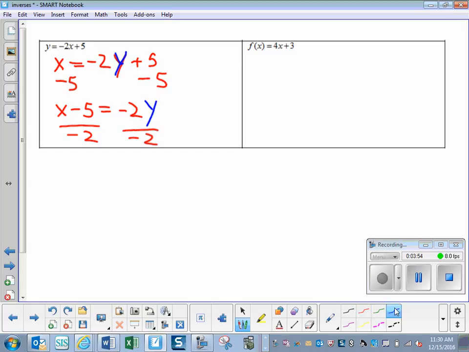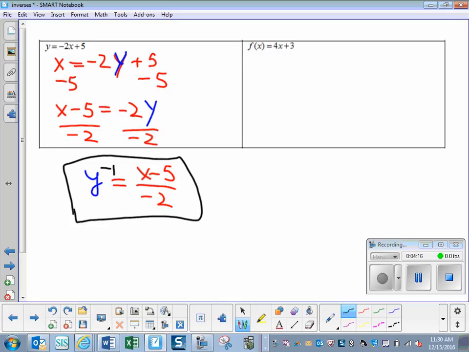So I have y equals x minus 5 divided by negative 2. This is my answer. Just to make sure that we all understand this is the inverse function, let's put that negative 1 on top of the new y. And that's my final answer.